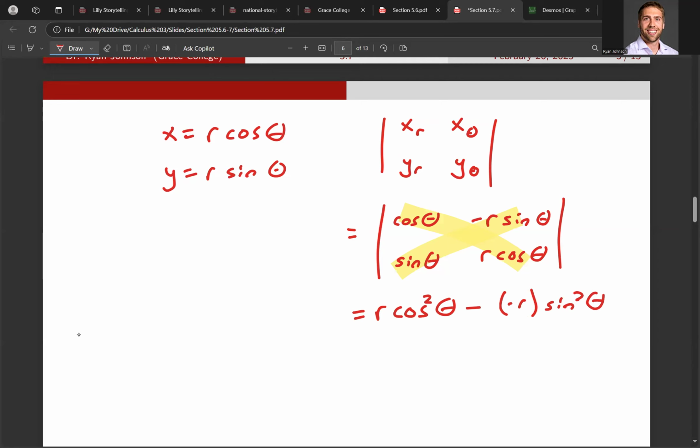So then that means we get r cosine squared theta plus r sine squared theta, right?